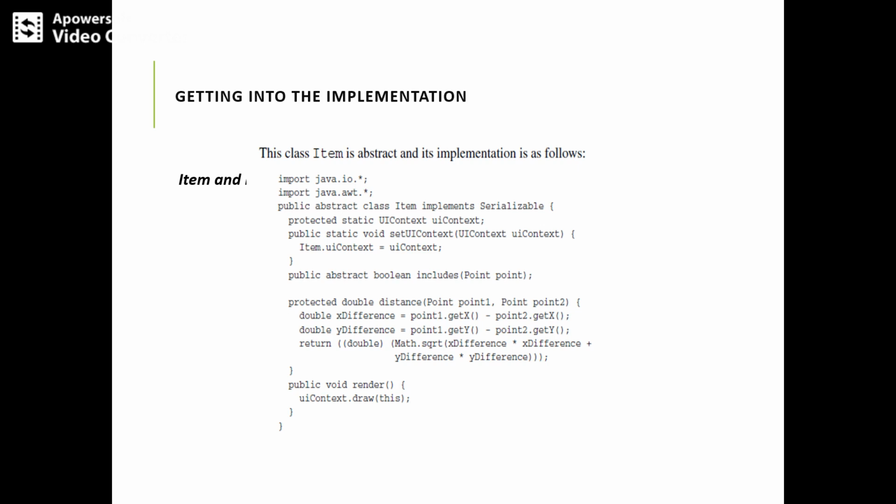Similarly, we have a public abstract boolean includes, which takes a point. This is the abstract item list implementation.